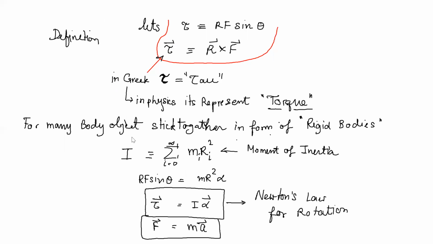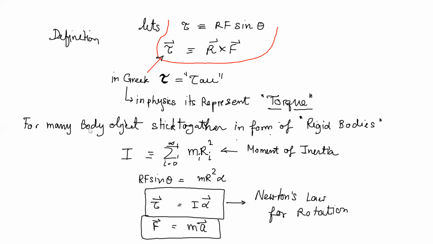Now, if you have many systems coming together, for example 2 or 3 dots, you have Newton's law for each of them.